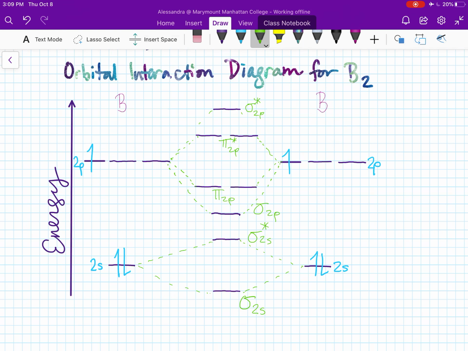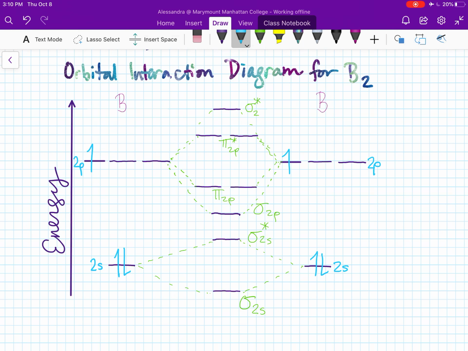You notice that the destabilization of that one is predicted to be equal in magnitude but opposite in direction to the sigma 2p bonding molecular orbital. So this is what we would expect the molecular orbitals to look like for diatomic boron.